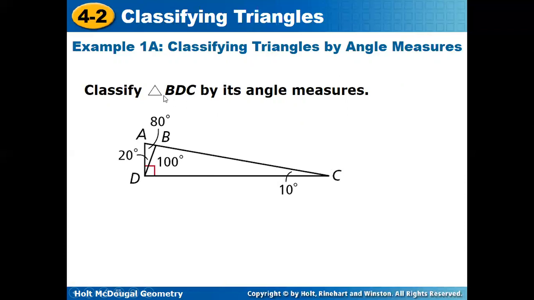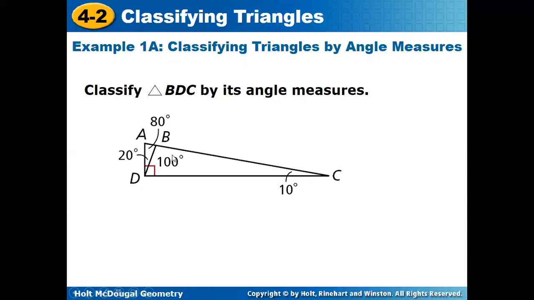We talk about the triangle BDC. Look, B, D, and C. So in this triangle BDC, we have angle C, which is 10 degrees, and angle B, which is 100 degrees, like this.